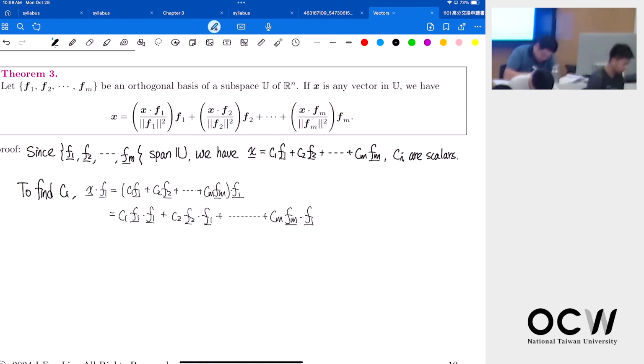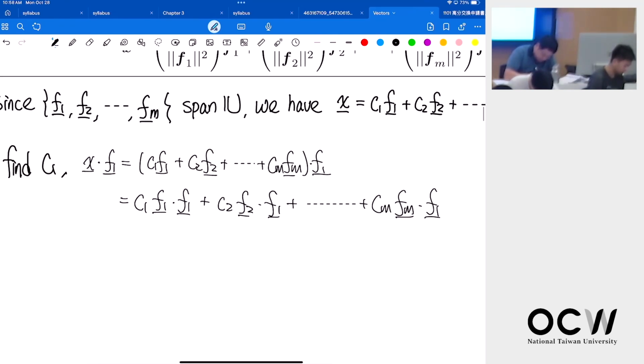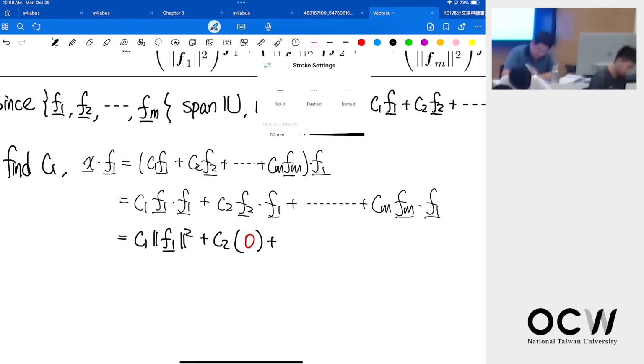Then, continue. This is C1 times the norm of F1 squared. Here C2 F2 dot product F1 will be 0 because they are orthogonal, and similarly for the rest.